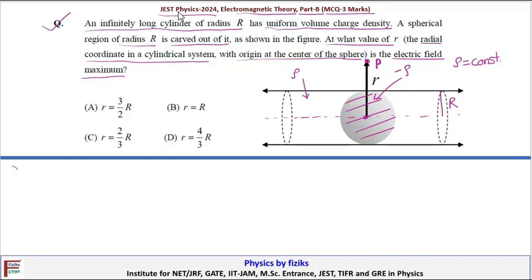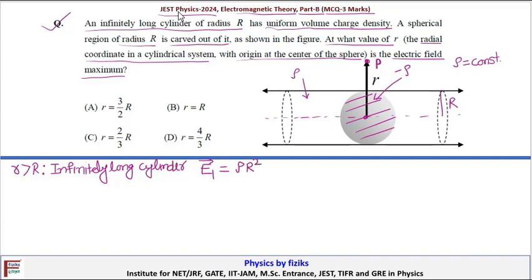So let's take r greater than R, if we have an infinitely long cylinder. In this case the electric field E1 is given by, you can easily derive this using Gauss law, but you have to remember the result.